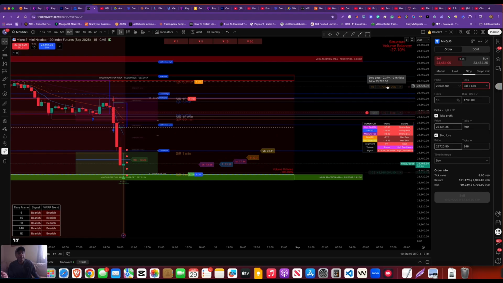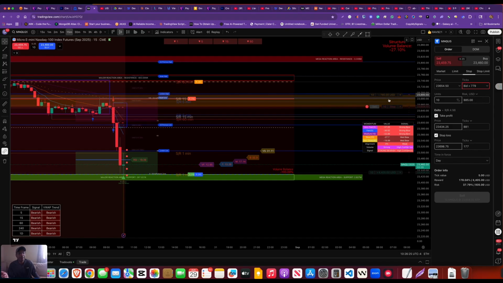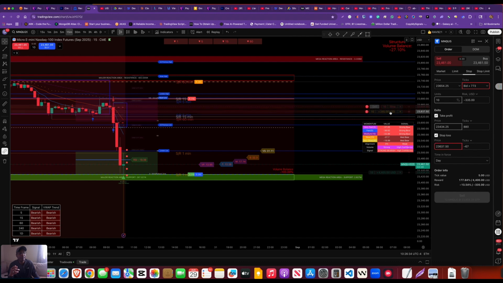if I am in a positive trade, let's suppose I'm in a positive trade, I'll move my stop loss. Right now, see with my mouse, it says negative $1,000. If I were to move to here, it'll say positive $340 because price is going down in my favor. And as it goes down, I keep moving it.